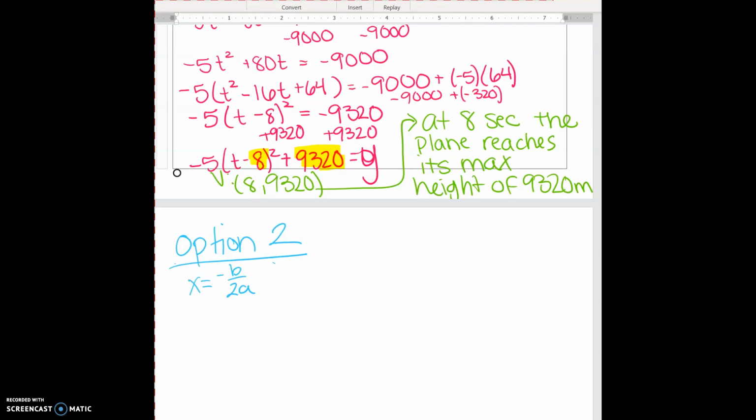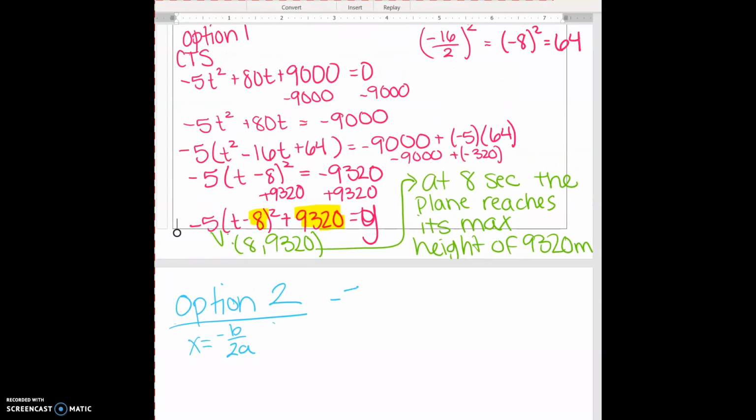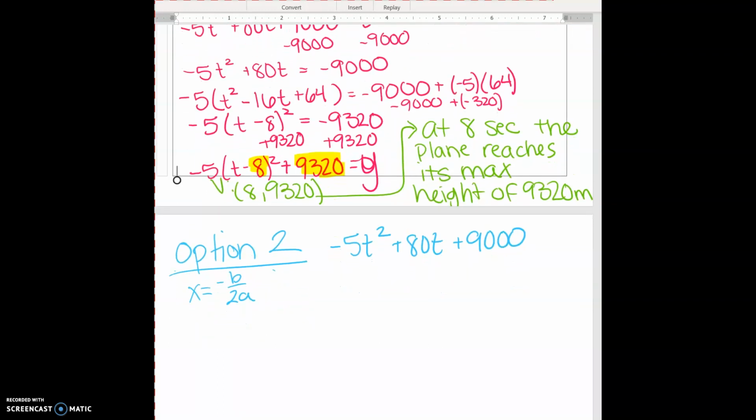So remember our formula is negative 5t squared plus 80t plus 9,000. So b would be 80, so we would have negative 80, divided by 2 times our a, which is negative 5, and then that would be negative 80 divided by negative 10, which would give us our positive 8.